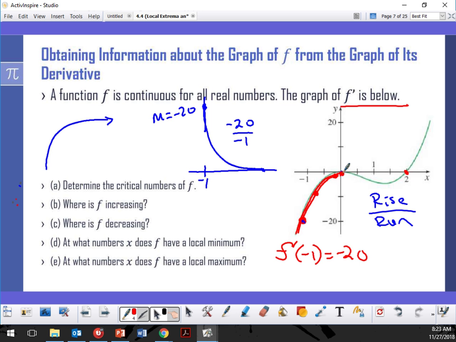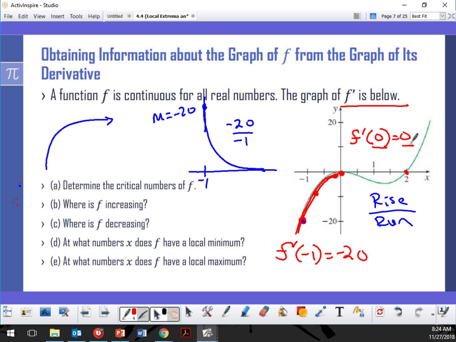What is the slope right here? Zero, so f prime of 0 equals 0. It means the slope at 0 is 0.